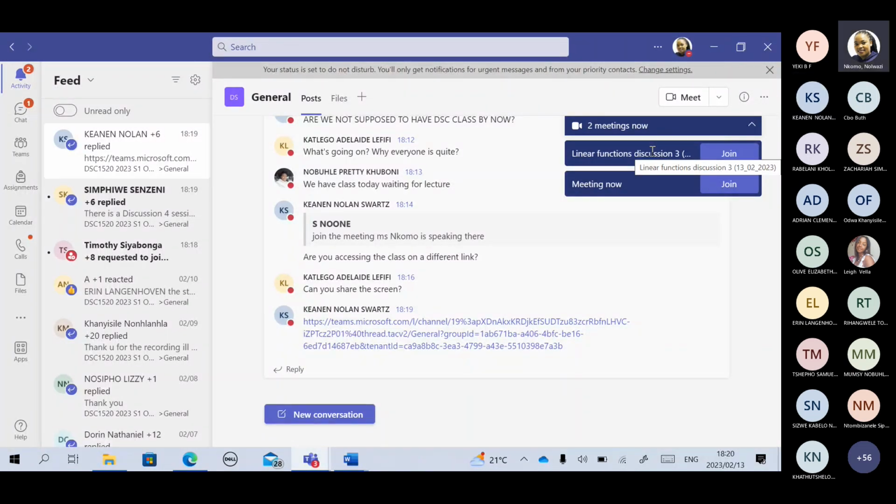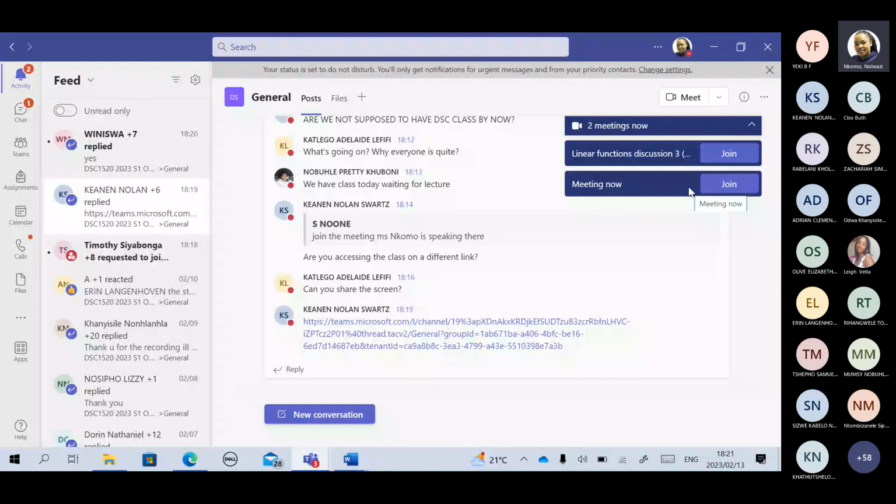You see, it says 2 meetings now. There is a linear function discussion. This one I created last week on Wednesday. It's named linear function discussion 3, and I have this meeting now. This one is DSC 1520 discussion 4.